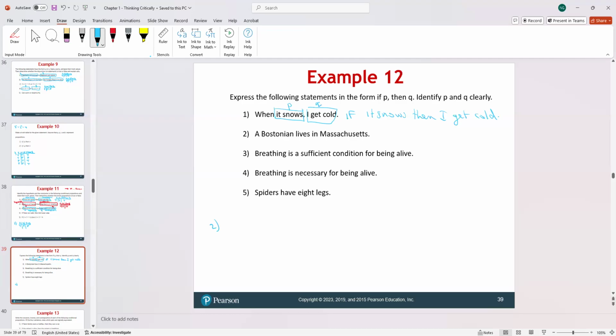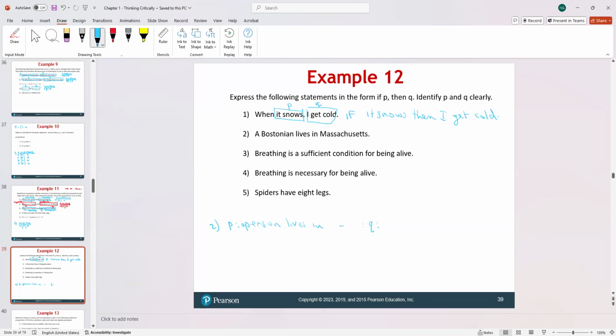I can say a person lives in Massachusetts. I can say P, person lives in Massachusetts. I'm going to say a person, Q. No, sorry, I'm sorry.